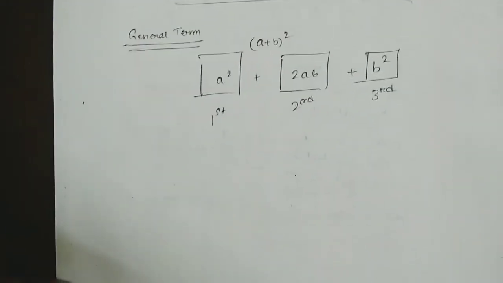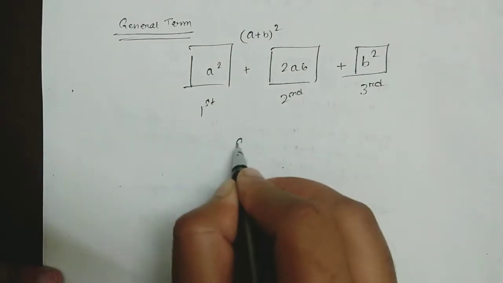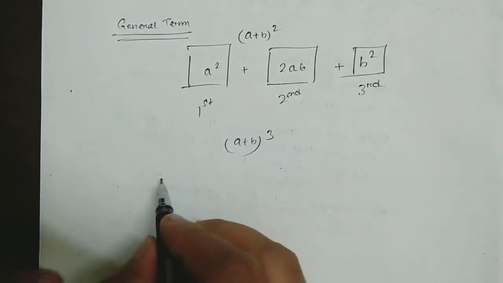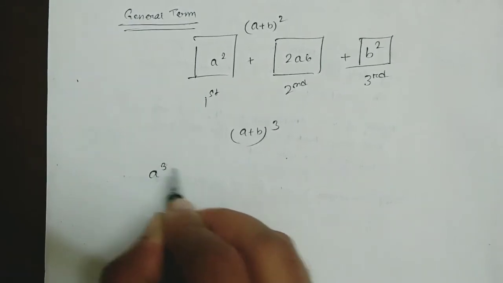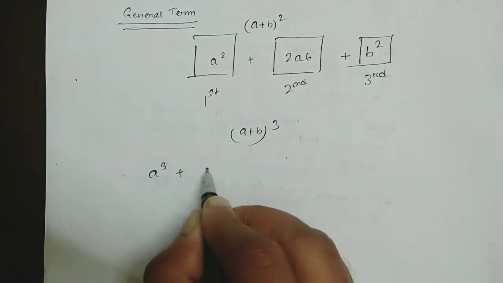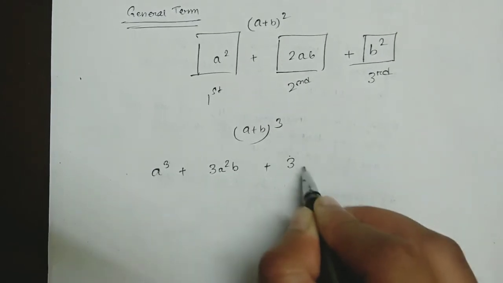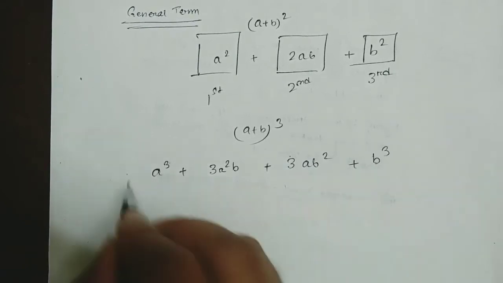Okay, now let us expand a plus b whole cube. Okay, যখন আমরা এটাকে binomial theorem দিয়ে এক্সপ্যান্ড করছি তখন আমরা a cube plus 3a square b plus 3ab square plus b cube আসছে.